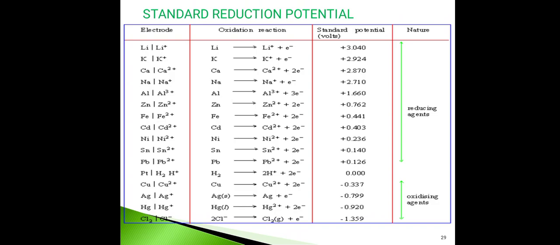And you see the list of these electrodes with their oxidation potentials, standard potentials and their nature. The top important electrode is lithium, and it has a standard potential of +3.040 volts. In the next categories, we have potassium with +2.924 and calcium with +2.870.